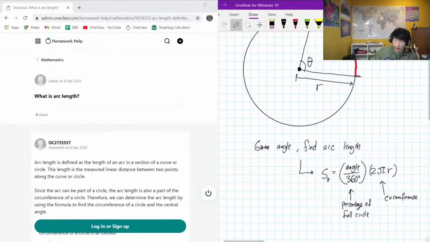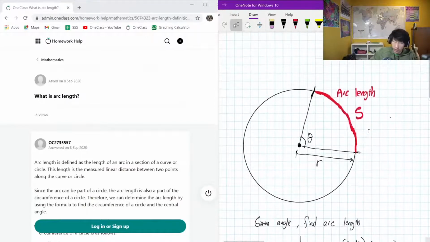So hopefully it should be clear from the diagram that the arc length is going to be some fraction of the total circumference of a circle. For more complicated curves like ovals or waves, we're not really going to worry about arc length that much, but if you know the total circumference, which is 2 times pi times r, that's the definition of circumference, and we know the angle, we just take the percentage of that and we can find the corresponding arc length.